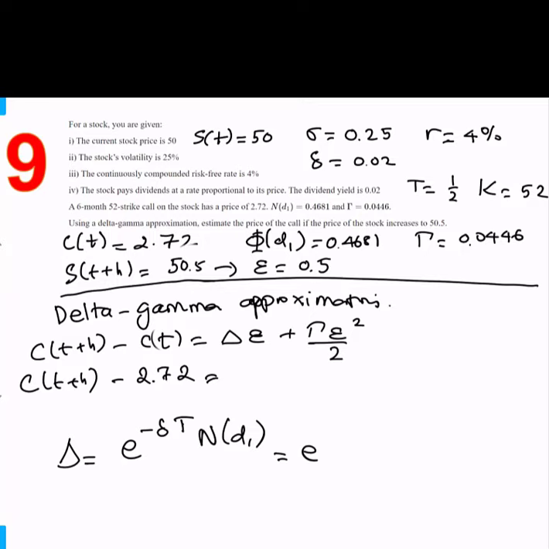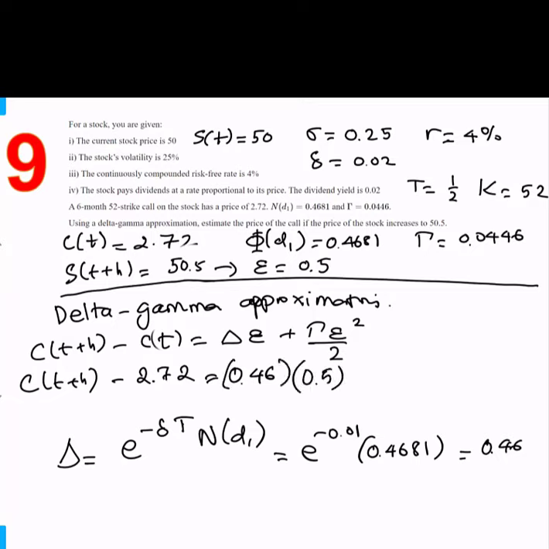My bad, delta is 0.02, T is 1/2, so it should be 0.01 right here. And N(d1) is 0.4681, which is 0.46.